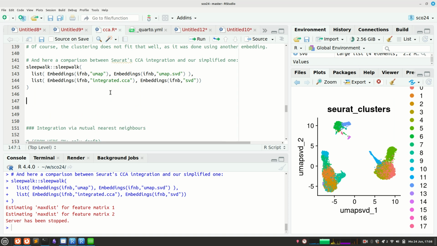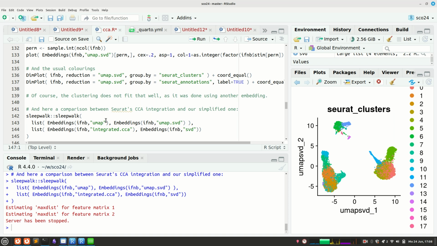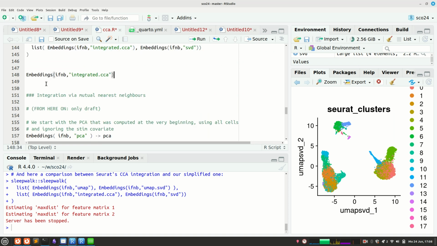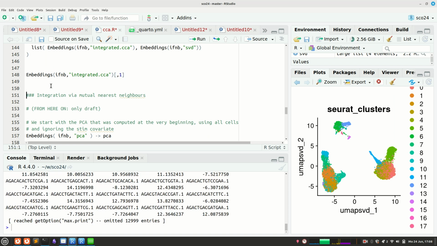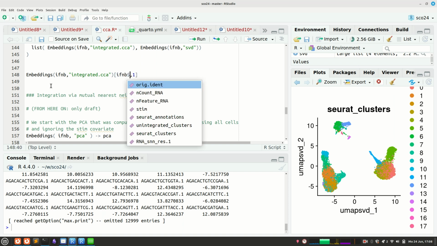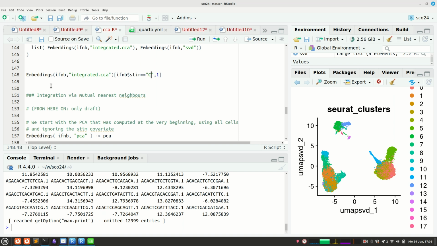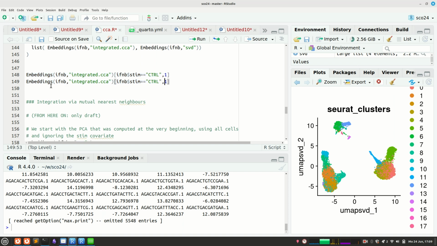So I use again this integrated CCAs here. This is the first coordinate for each cell, and let's say EFNB stim and control. This is for the stimulated, and this is for the control cells.